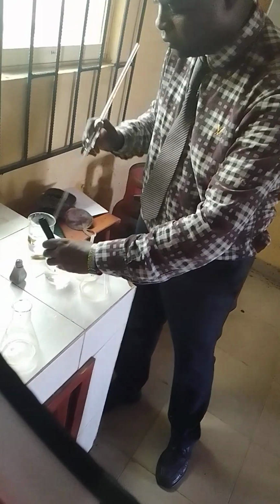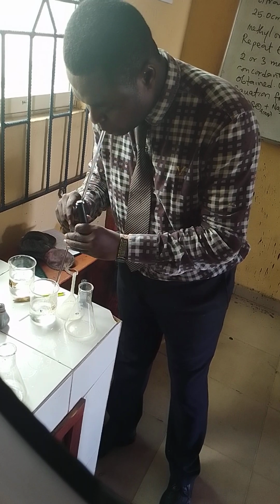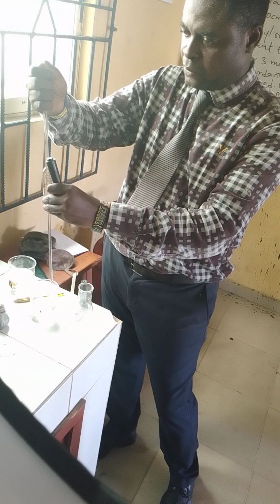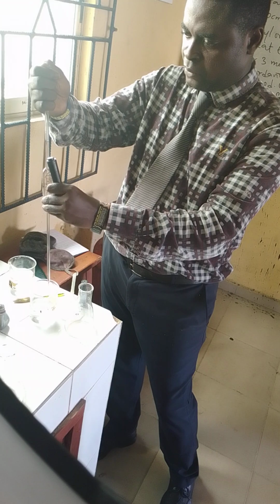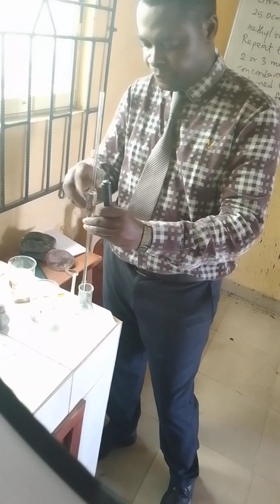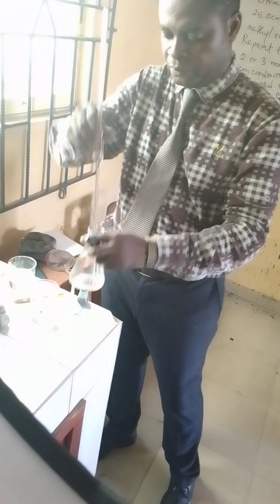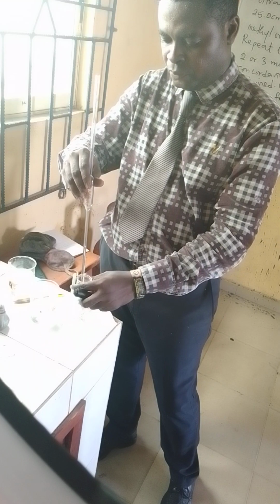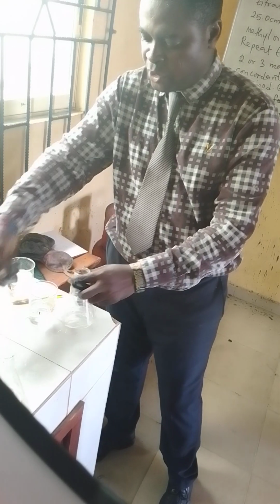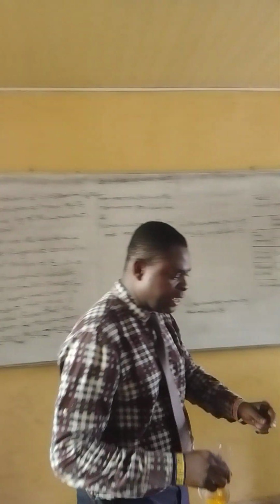So let me take B. I drop it here. So the next thing to do, put methyl orange, 2 drops or 3 drops, the solution has turned yellow, then I come to titrate.